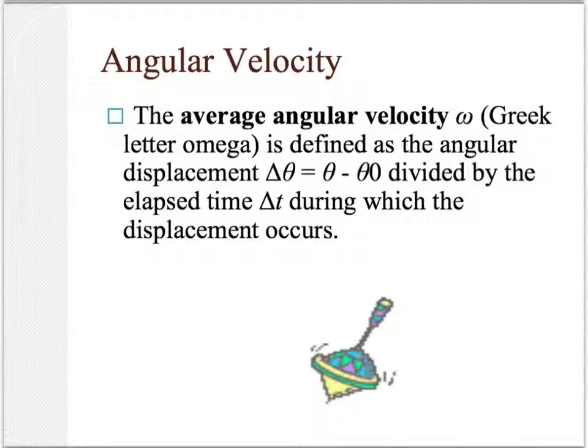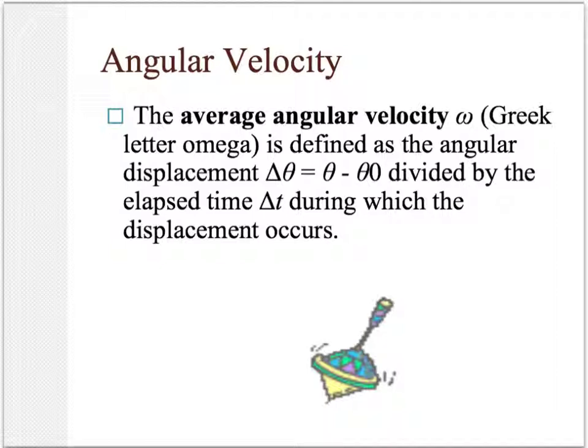Alright, so now you've learned a little bit about angular displacement, and now we're going to talk about angular velocity. The average angular velocity is represented by the Greek symbol omega, and it's defined as the angular displacement divided by the time. That sounds familiar.